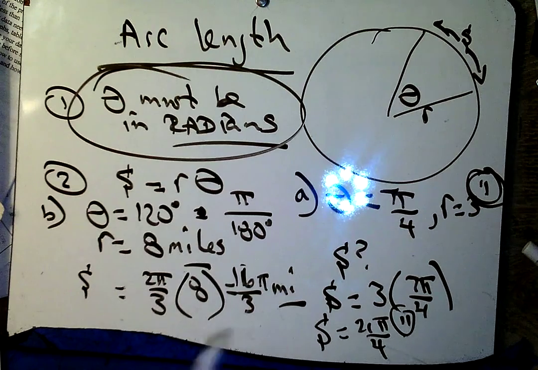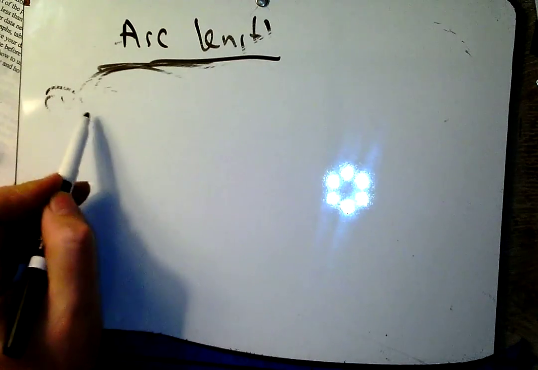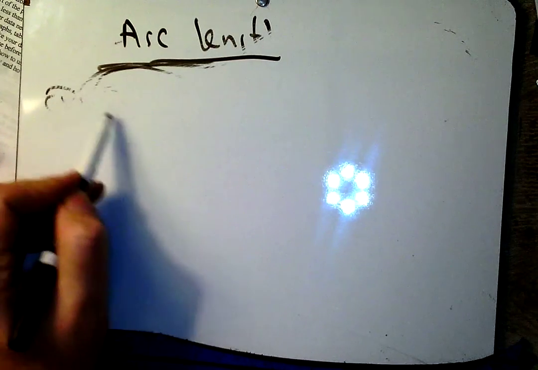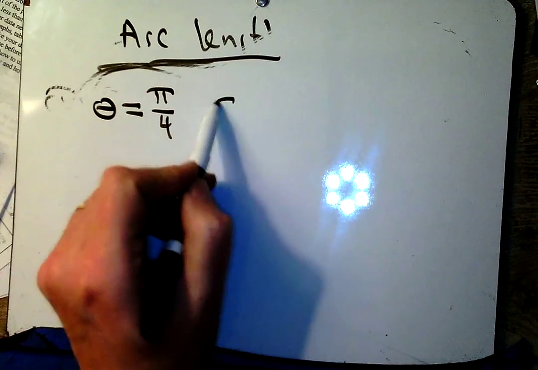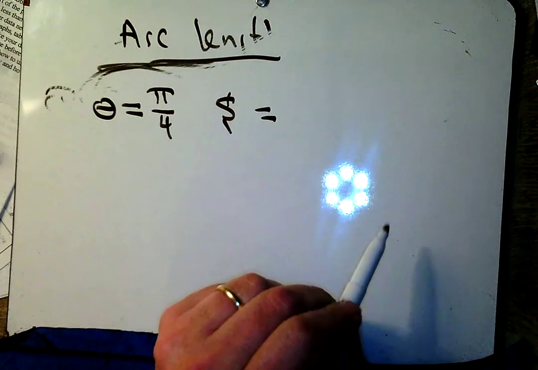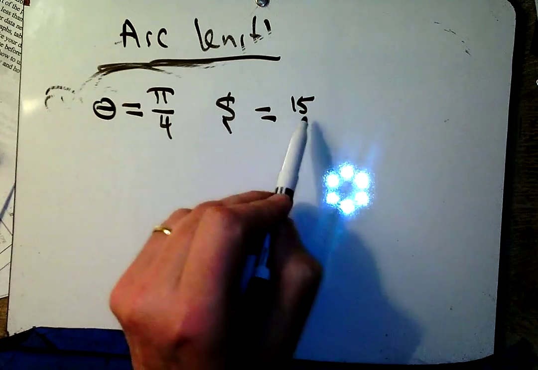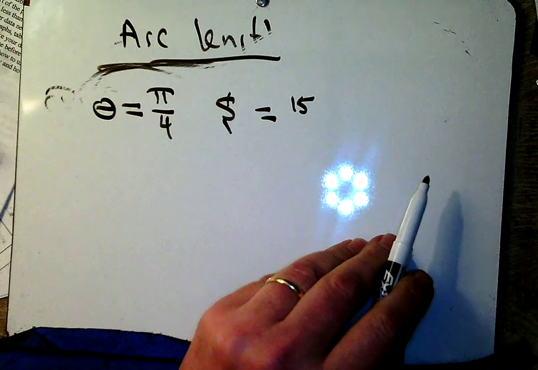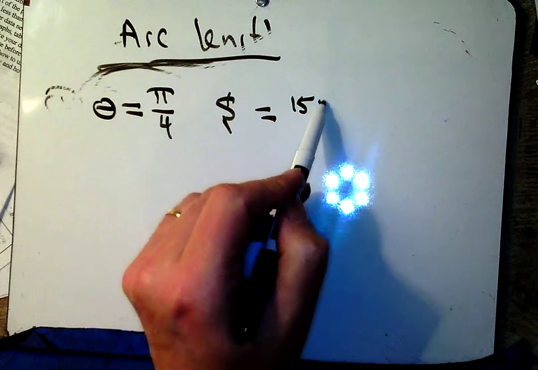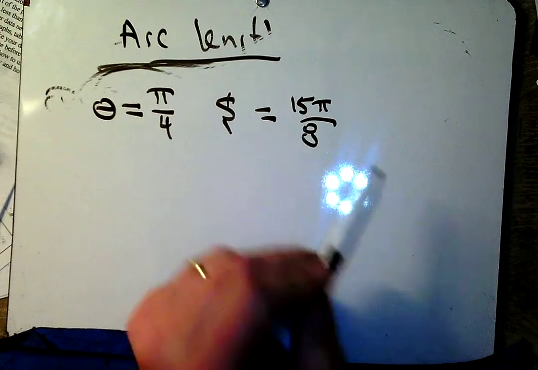Now, it may be the case that you're given the angle and the radius, but it may also be the case that instead you're given, how about theta equals pi over 4 and S equals 15 pi over 8.